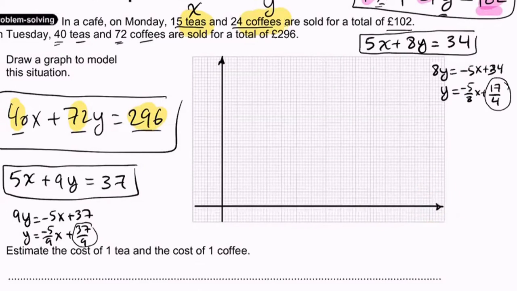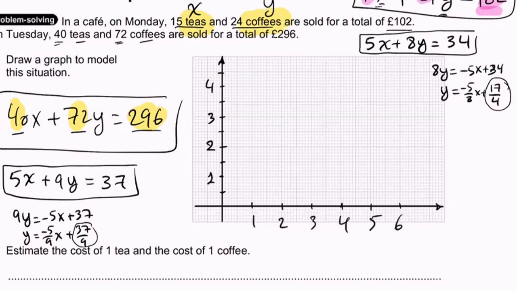Now we have how many points? 1, 2, 3, 4, 5, 6, 7, 8, 9. So I will do this 1, 2, 3, and 4. Then here the x will be 1, 2, 3, 4, 5, and 6.